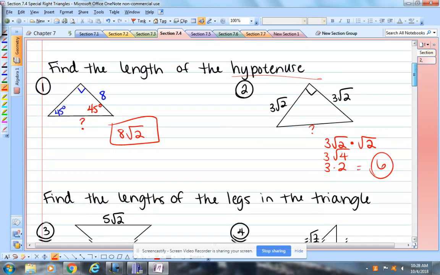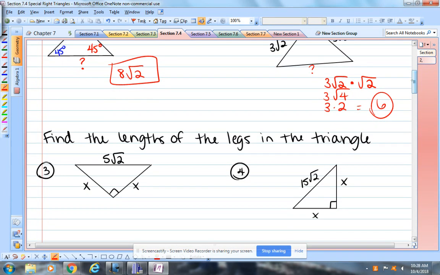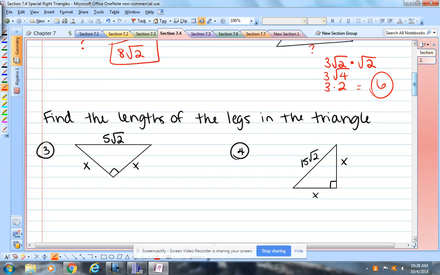What if you're doing it backwards? What if they give you the hypotenuse and you need to find the leg? Well, if you're going to find the hypotenuse, you multiply times radical 2. And if they give you the hypotenuse, you need to do the opposite. What's the opposite of multiplying times radical 2? Dividing by radical 2. So on example 3 here, we're looking for the length of the legs, which are x and x.